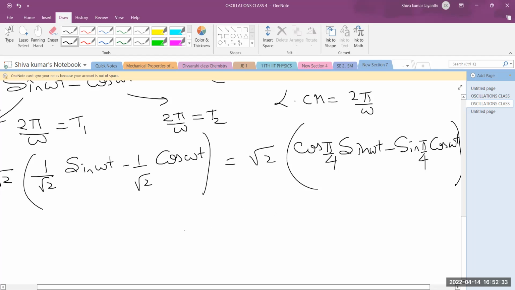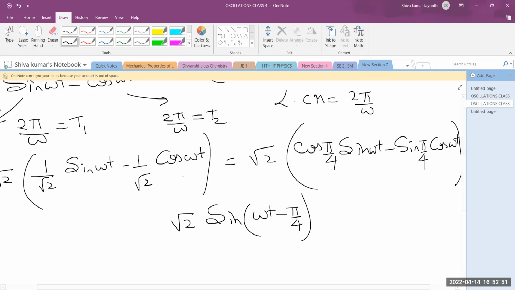So if you see sin A cos B minus cos A sin B, what is that going to be? Sin of A minus B. We did this earlier. It's there in your example problem also. Same type of problem, but there plus was there, here minus is there. That's the only difference.